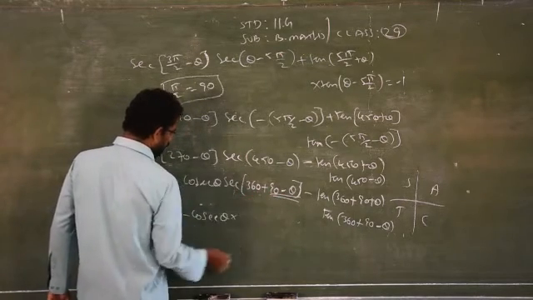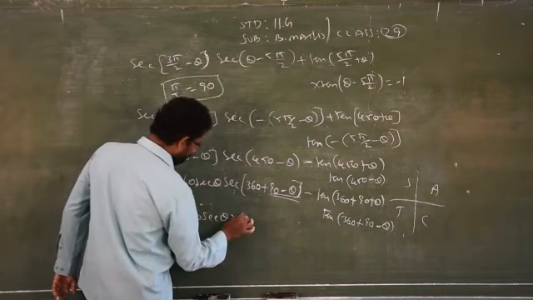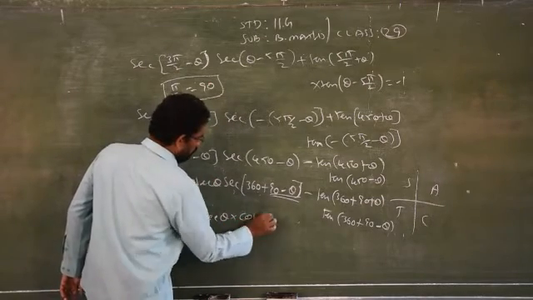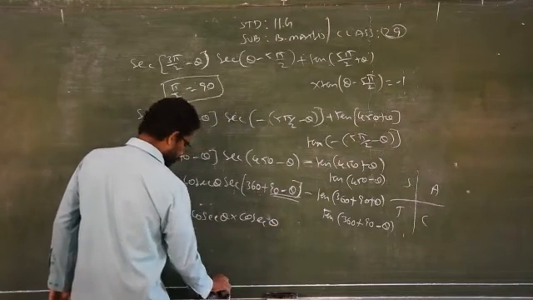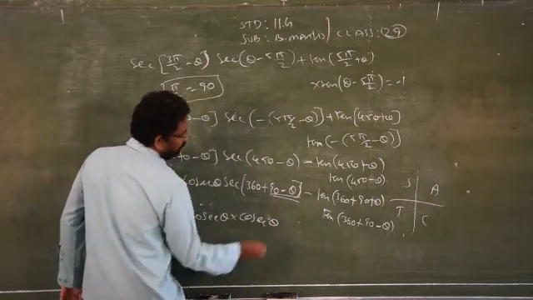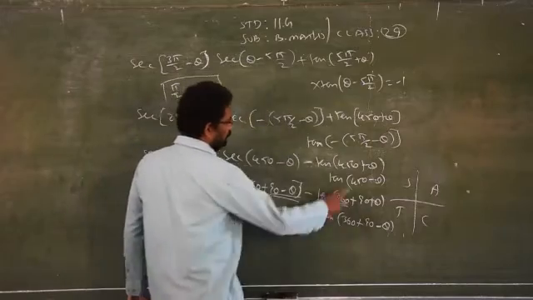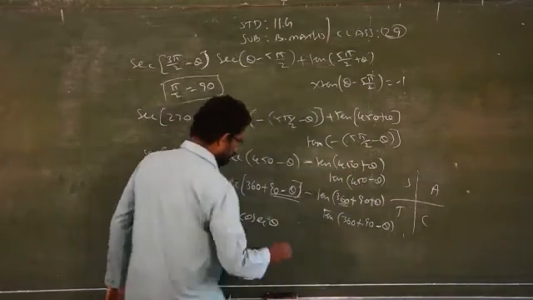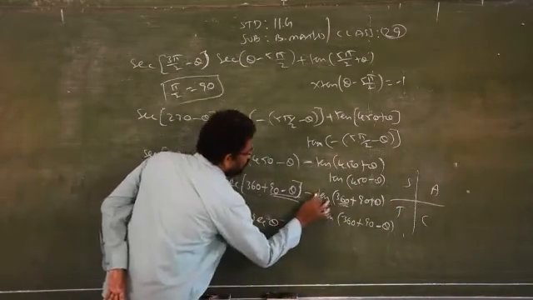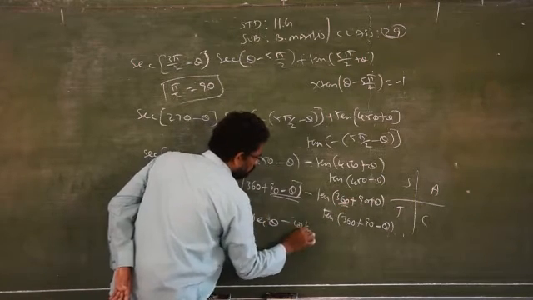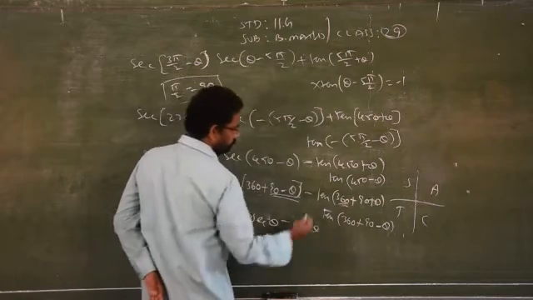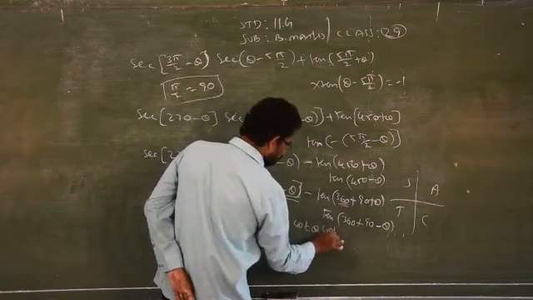If it is secant 90 will become cosecant. Cosecant theta. Similarly, next one, no problem, but 450 again is all positive only. So tan will be 90 plus, so tan will become cot theta. This is also cot theta.